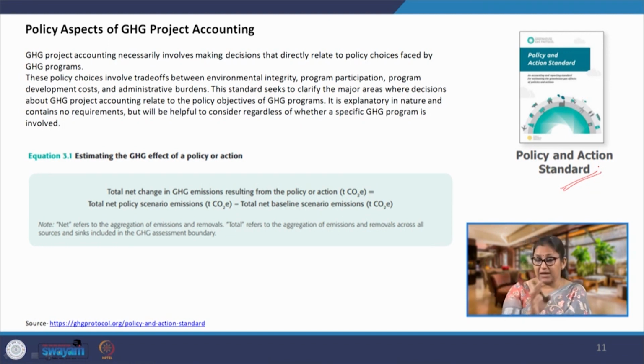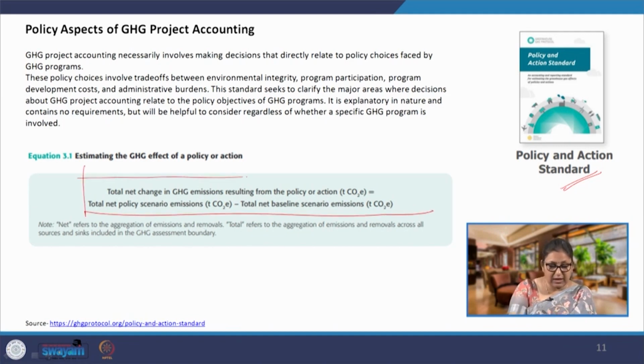As I had given you the example, there are several examples that you can think of, and all we are doing is this. We are looking at the total net change in GHG emissions resulting from the policy or action specifically. And how are we doing that?